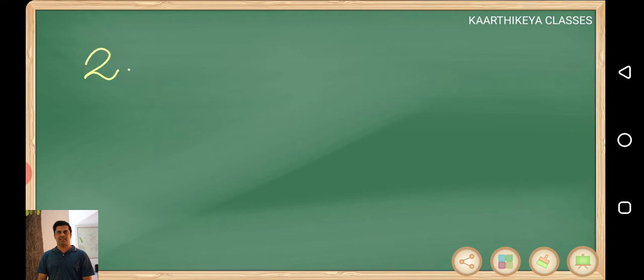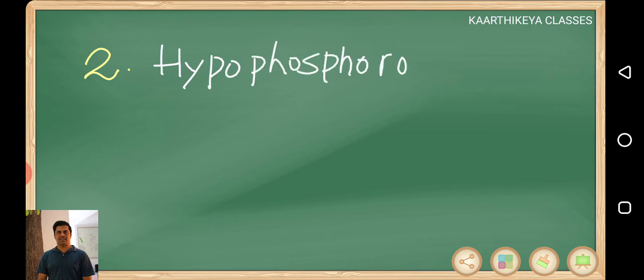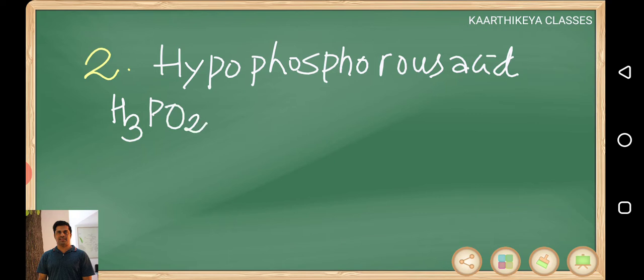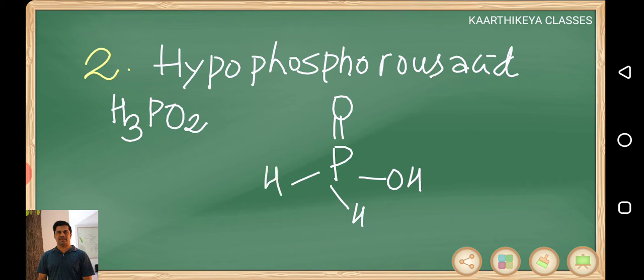Second one, hypophosphorus acid, H3PO2. P double bond O, OH, H and H. Because of P-H bonds, it is a reducing agent.